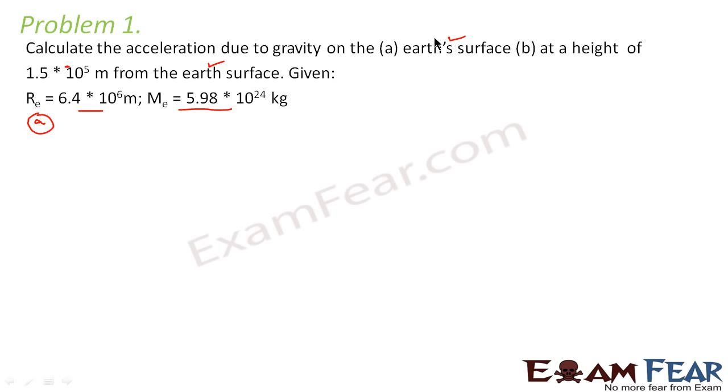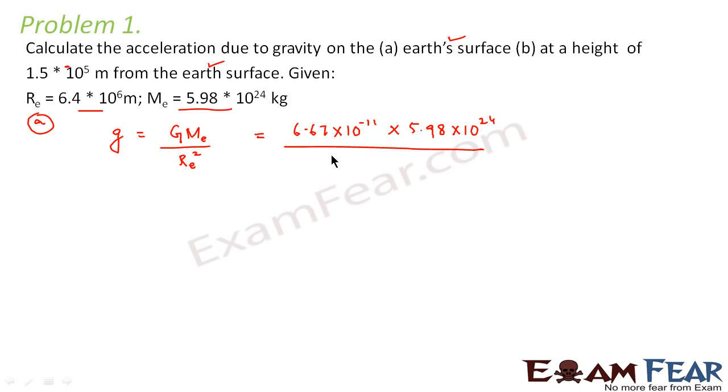So in the first part, we have to calculate the acceleration due to gravity on the Earth's surface. So what is the value of acceleration due to gravity on the Earth's surface? It is GMe divided by Re square, right? Now here we already know that the value of G is 6.67 x 10^-11. Me, that is mass of the Earth, is given as 5.98 x 10^24.